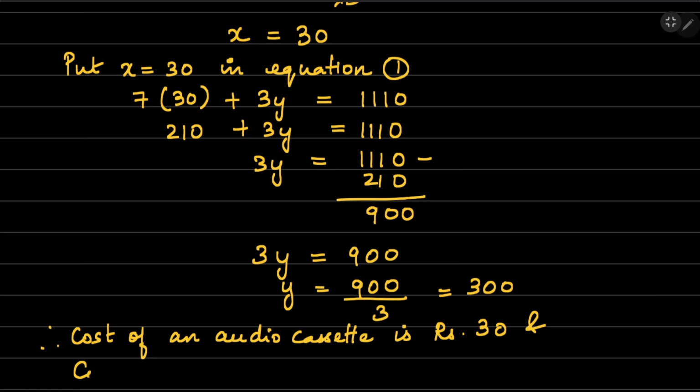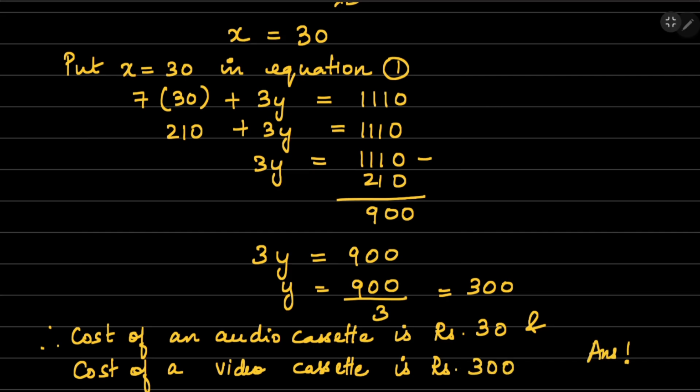And the cost of a video cassette is rupees, how much did you get? Rupees 300. So this is how you have to finally end your word problems. Whatever is asked, with the correct units, you'll have to end your word problem. Let me write it very neatly here.